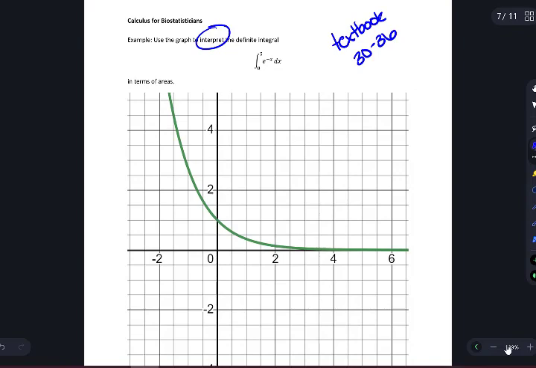So in this example, we want to use the graph to interpret the definite integral where we would be interested in integrating e to the negative x between 0 and 5, or in other words, on the interval from 0 to 5. Here we have 0, up here we have 5, and so the area under the curve would be this area right here. Notice in this case, this whole region would be positive area.